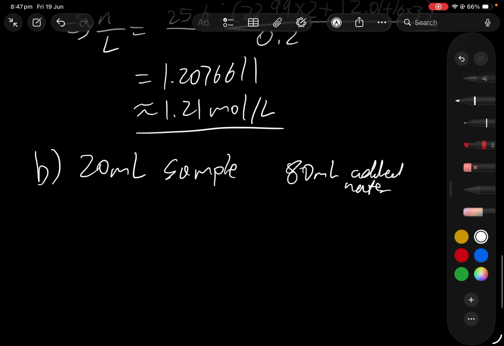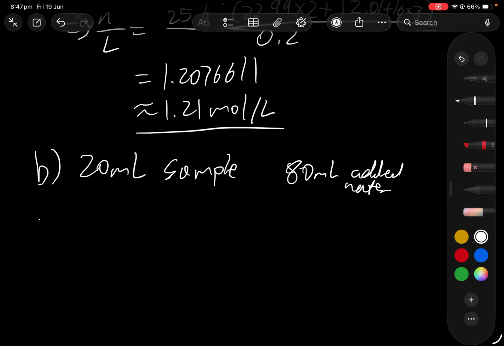So first we want to calculate the concentration of sodium ions in this dilute solution in the end. So first we want to find the moles, and then we'll put it in a new concentration, because this is the concentration right now, but we want a new concentration, so we'll make it into moles first.